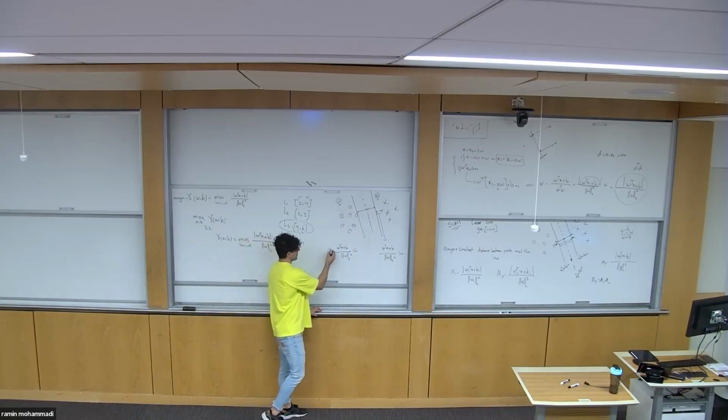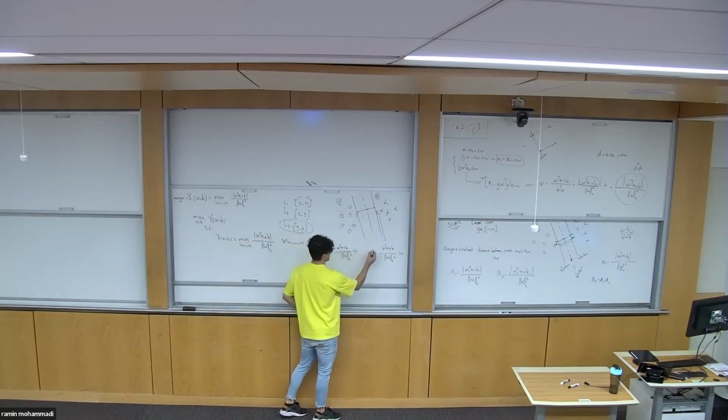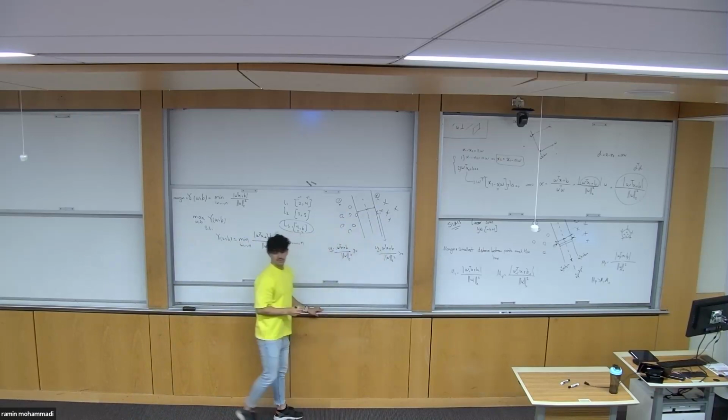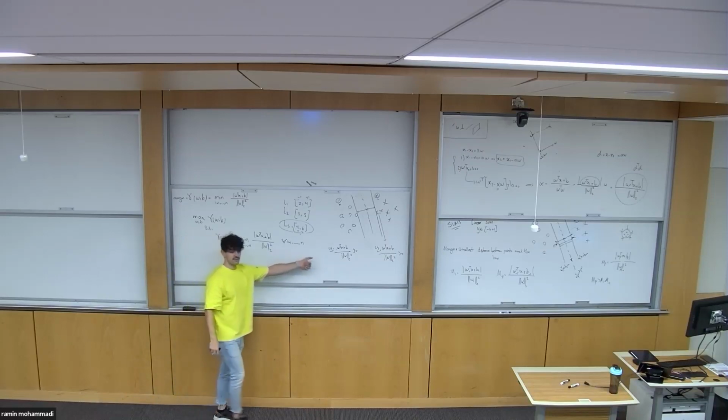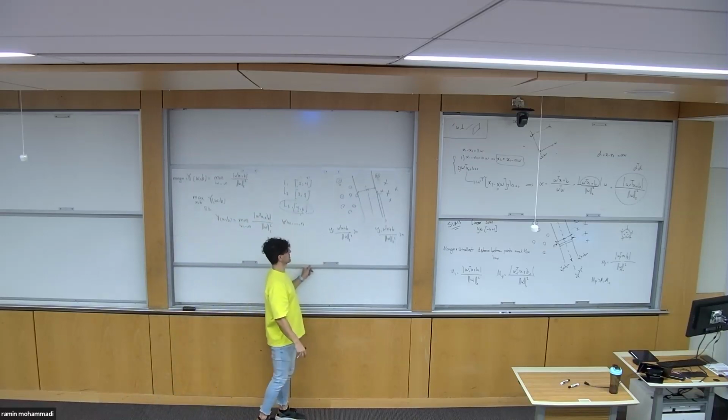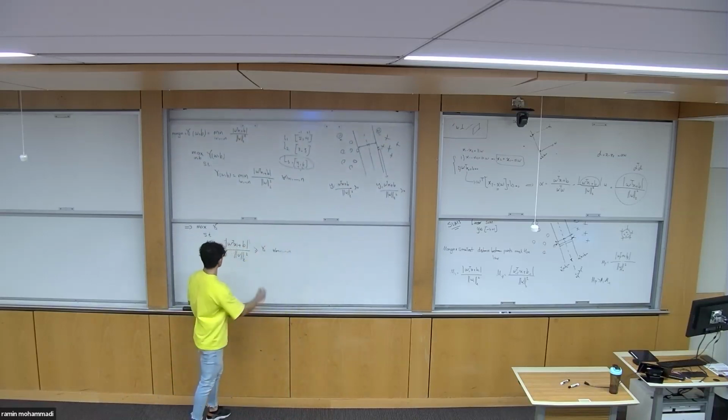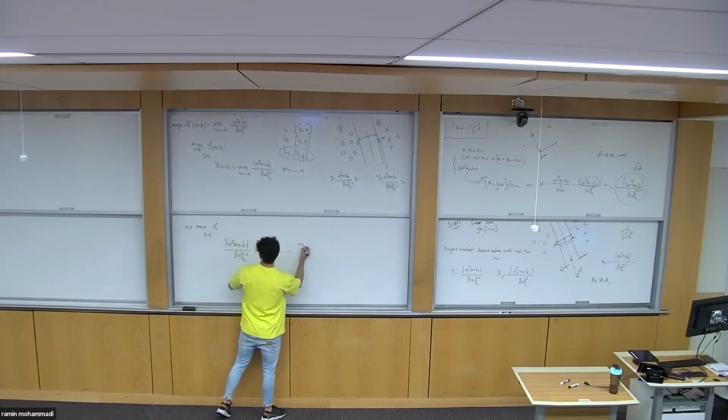So if you do yi times that, then both are always positive, right? And that's why we have -1 and +1 for the classes, not 0 and 1, because we want to be able to do this. Okay. So we're going to rewrite this.